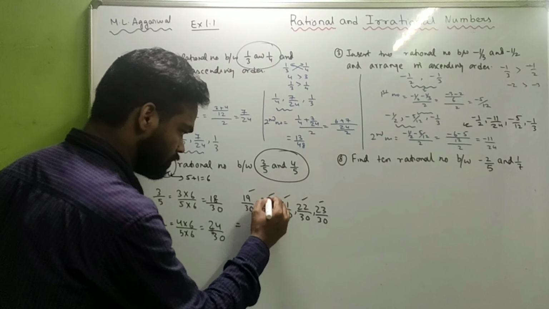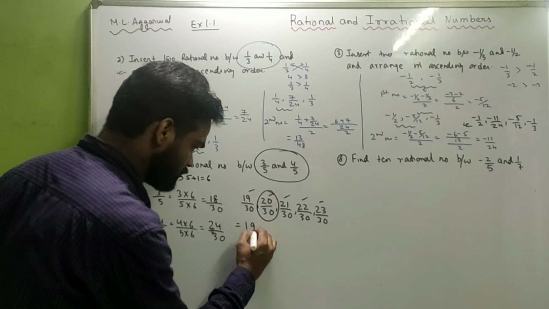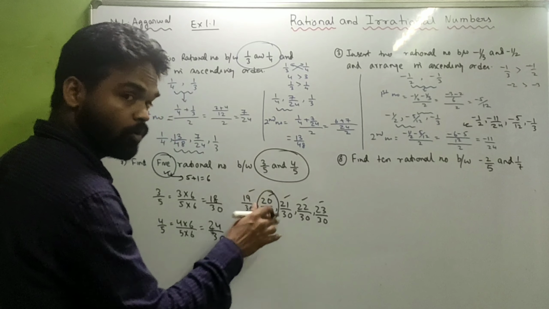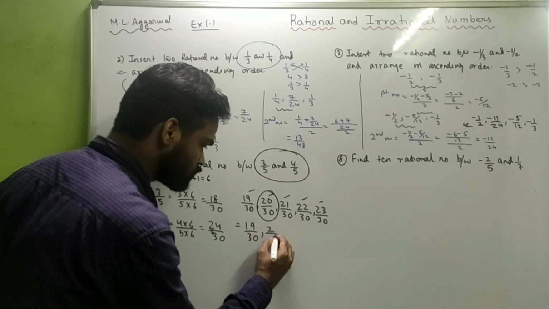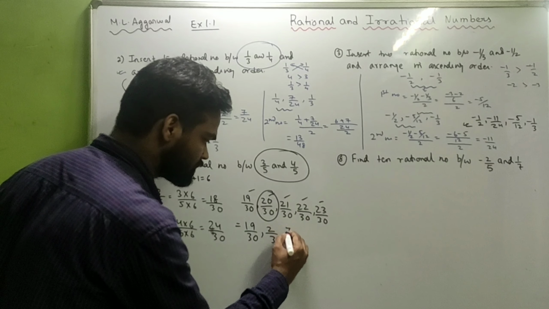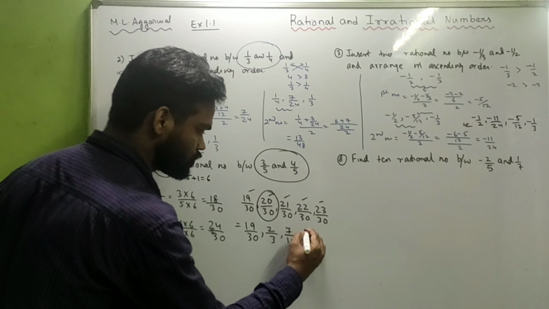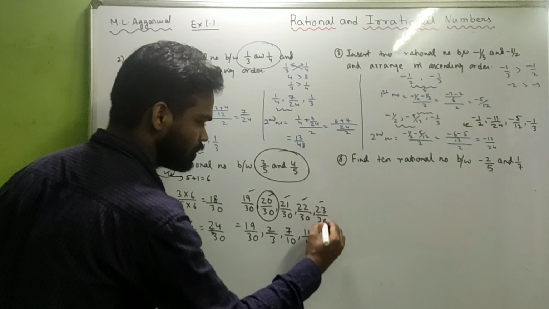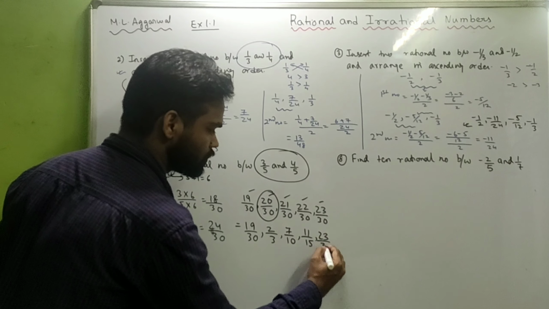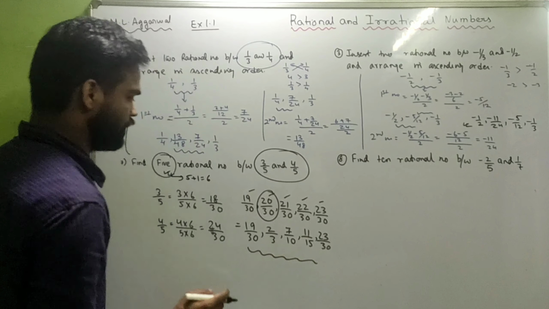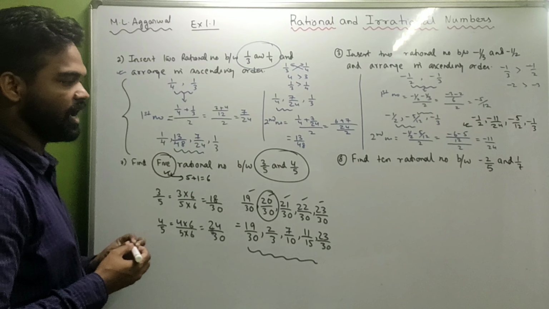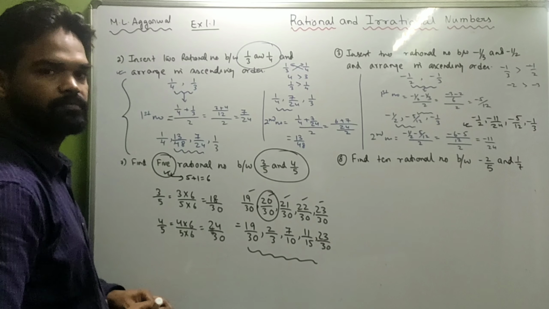Now we should cancel this. See, this should be co-prime. I told you earlier, this is 2 by 3, 3 by 10, 7 by 10, 11 by 30, 2 by 3 and this. So these are my 5 numbers between 3 by 5 and 4 by 5.